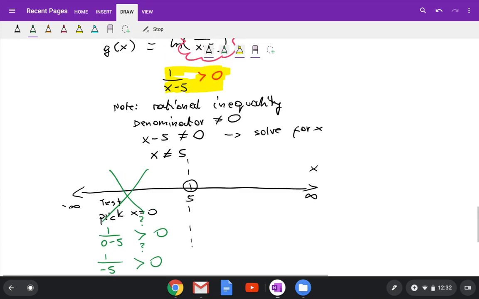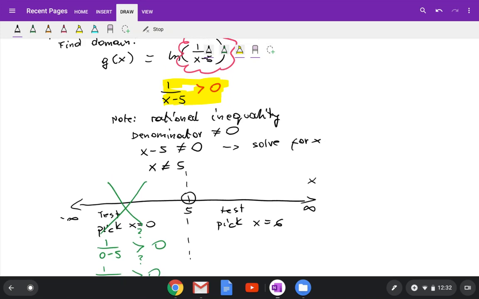Next, we're going to test the second interval from 5 to positive infinity. Pick any value bigger than 5. So I'm going to pick x equals 6, and I plug that 6 into our inequality.